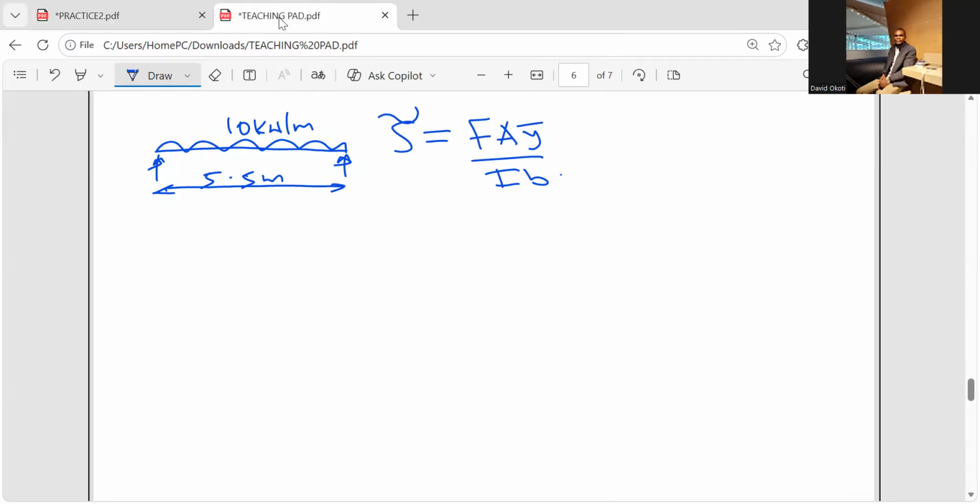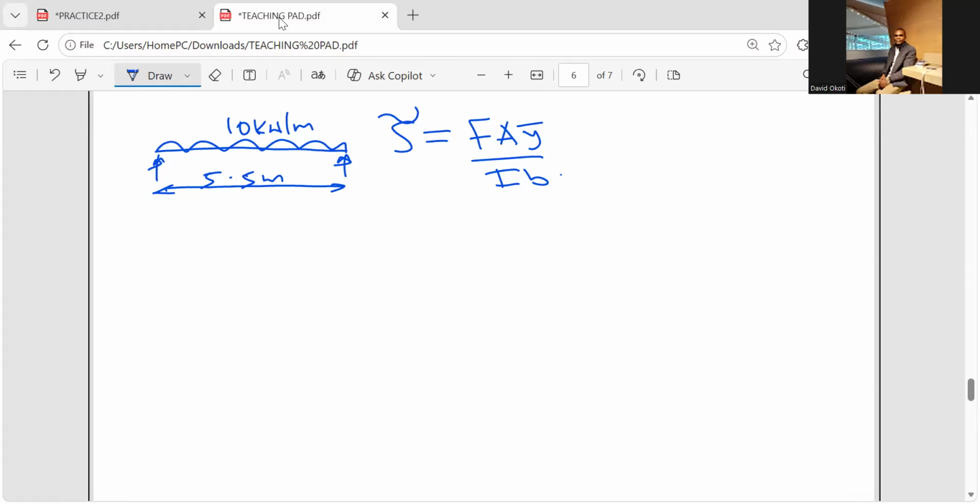They don't change irrespective of the part of the section you are dealing with. But A, Y bar, and B will change depending on whether you are talking about the flange or the web. But the value of F and I does not change.